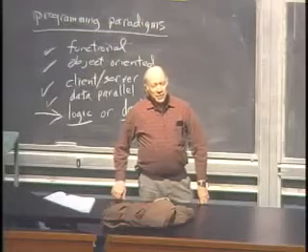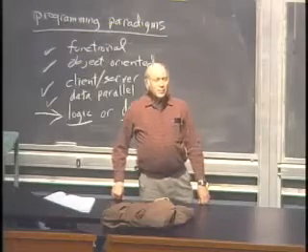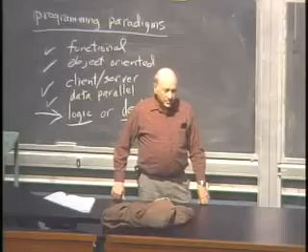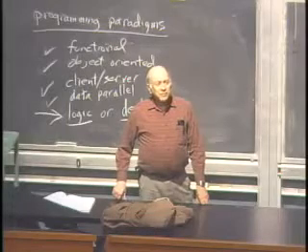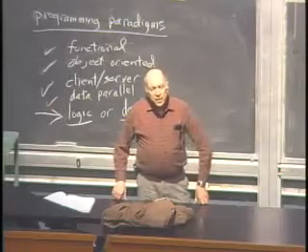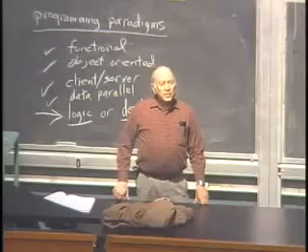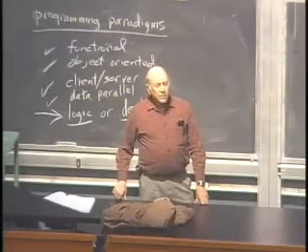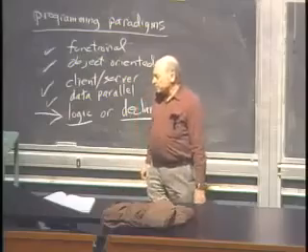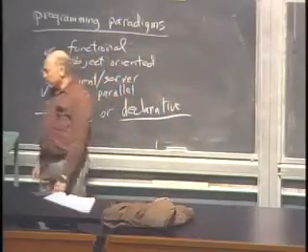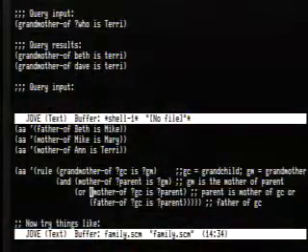What does it mean to be a grandmother? Well, it means that you're the mother of the parent of the other person. And with this information, the query system knows how to use this rule along with the assertions in the database to find matches for a query like the one I made up on the top of the screen.